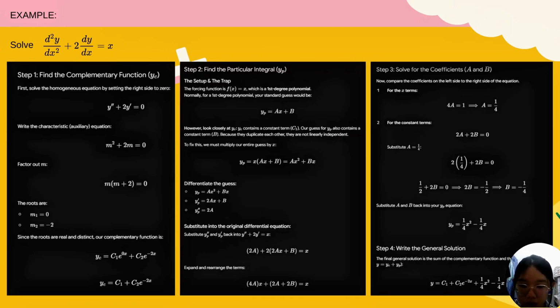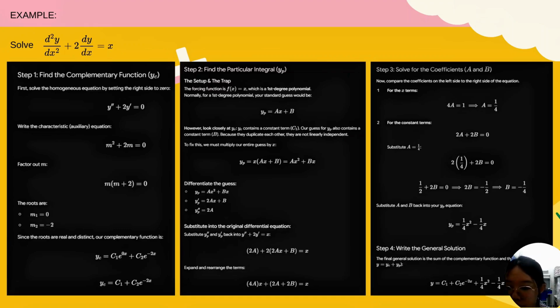Then we differentiate the guess. After that, we substitute into the original differential equation. And then we get 4ax plus 2a plus 2b equals x. As for step 3, solve the coefficients a and b.